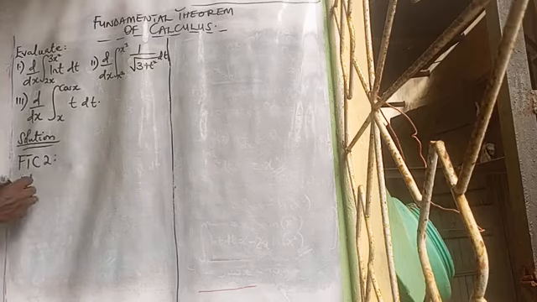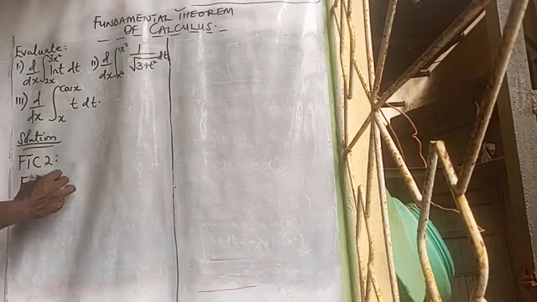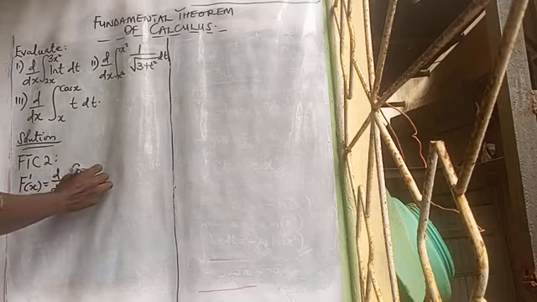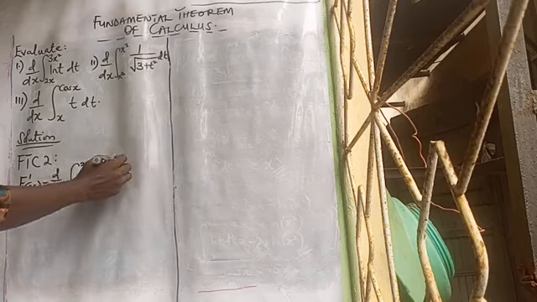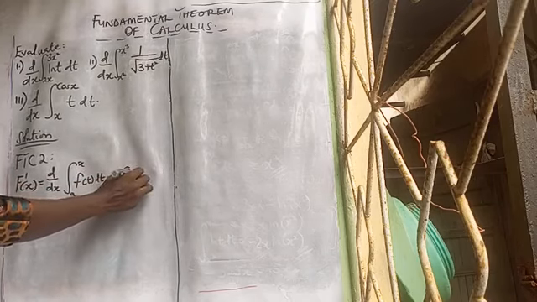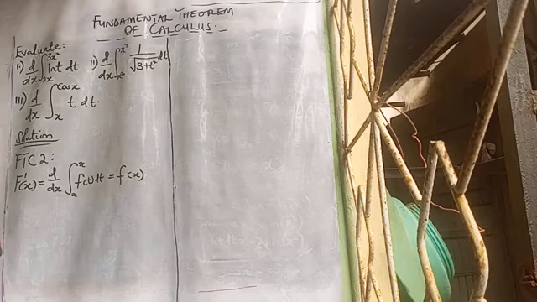It says that the derivative of capital F of x, which is d dx of the integral of f of t dt from a to x, is equal to f of x. That is basically the second fundamental theorem of calculus.